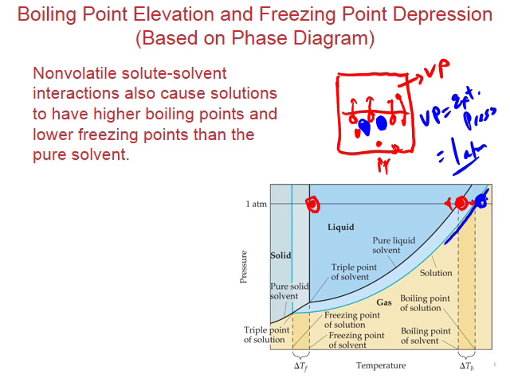So we can now explain that boiling temperature elevation happens when non-volatile solute is added to the solution. Now in case of freezing, the freezing point gets depressed. Again, you can understand it by looking at the graph.